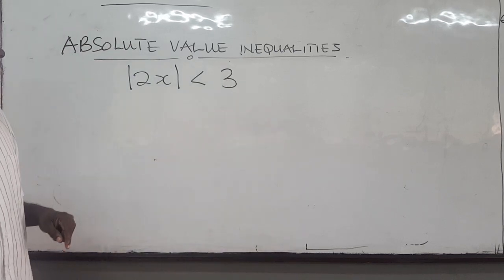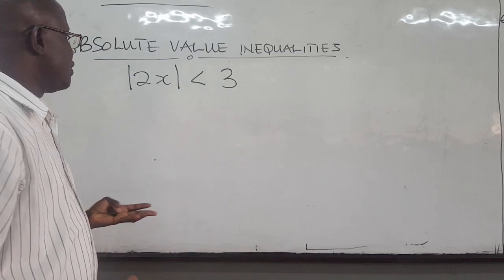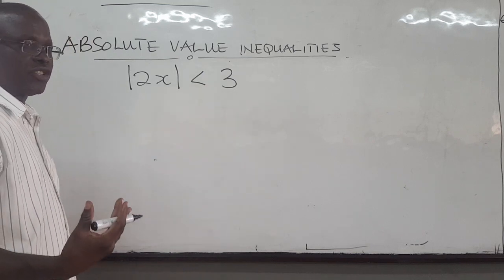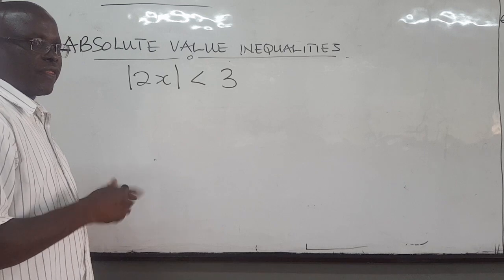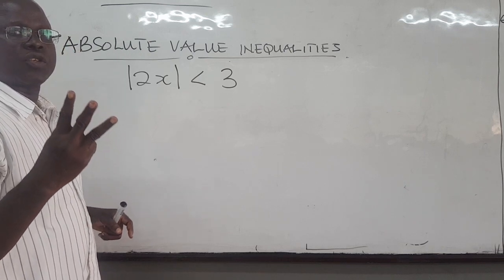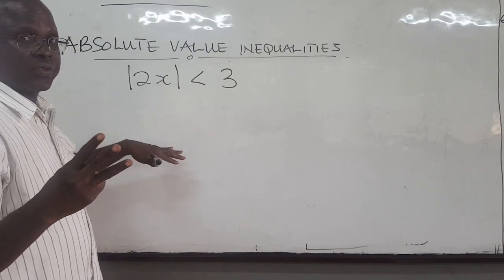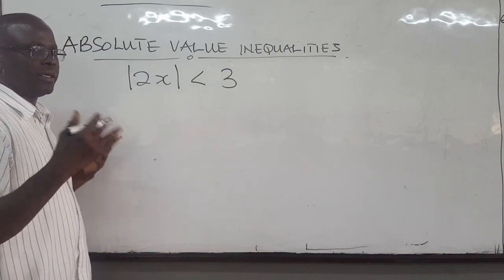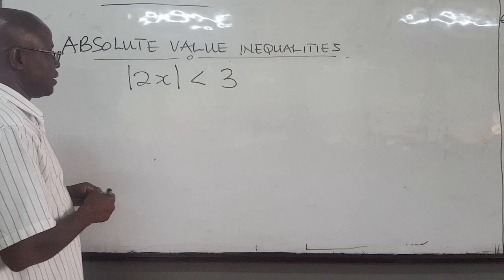What is the set of values of x that will satisfy this? Well, you can just use the definition. There are actually 3 different ways by which you can solve it. I'm just going to use the first one, and then later on I will do some other ones showing different ways by which you can solve it.